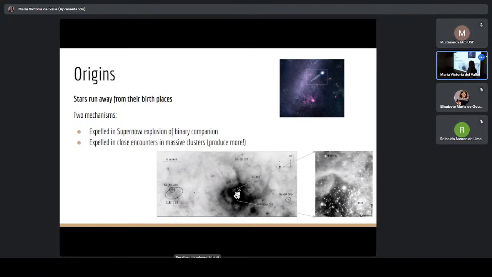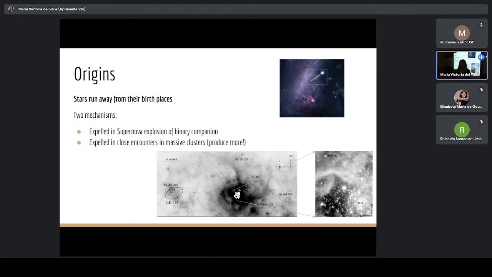The second one happens inside the massive cluster where these stars are formed. Under some conditions, gravitational encounters can happen, and some members can be ejected at high velocities. We know that this is the channel that produces most of the runaway massive stars, and we know from simulations, and also from some observations, that one massive cluster of stars can produce of the order of 5 massive runaway stars, and a higher number of stars that are not massive.